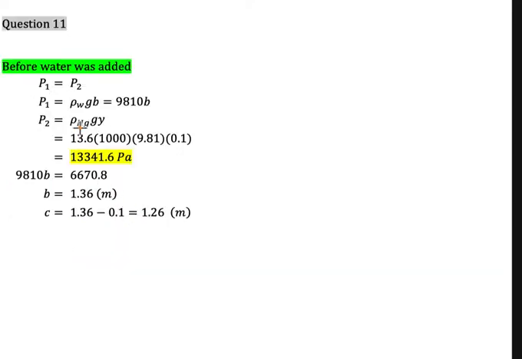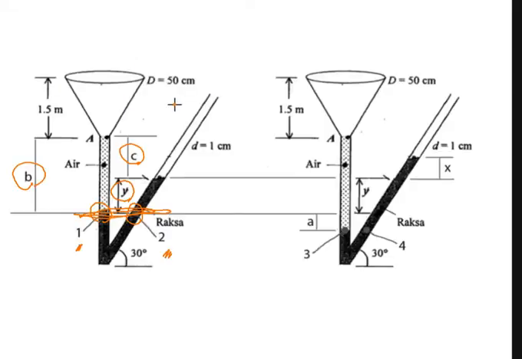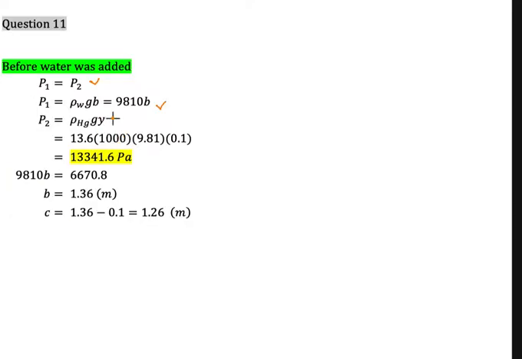So we could write P1 is equal to P2, and P1 can be calculated as rho g B, where B is the height from this level to this level. Then we calculate the pressure at point 2 using this equation.